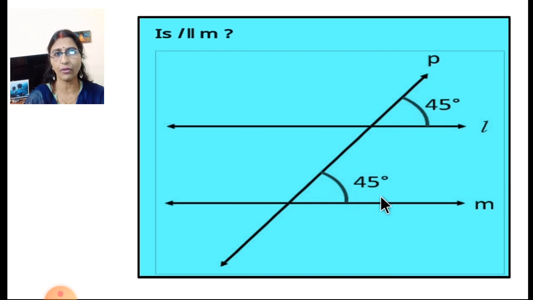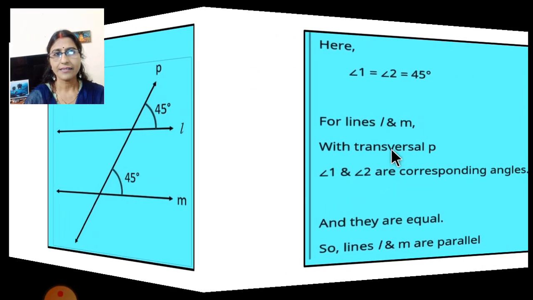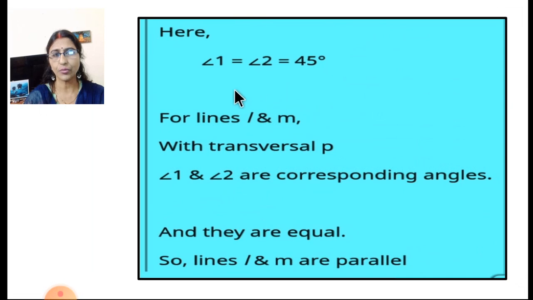So let us see how to write this. First we will write angle 1. So both the angles, one is angle 1, the second one is angle 2. Angle 1 and angle 2 both measure the same. So we'll write like this: angle 1 is equal to angle 2, which is equal to 45 degrees. Now for lines L and M with transversal P, angle 1 and angle 2, just now we have seen they are corresponding angles.